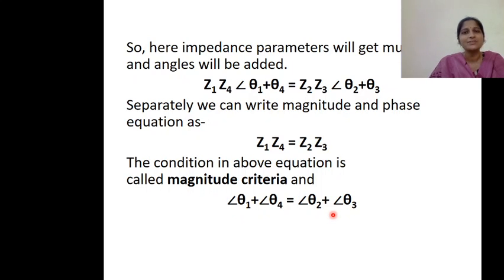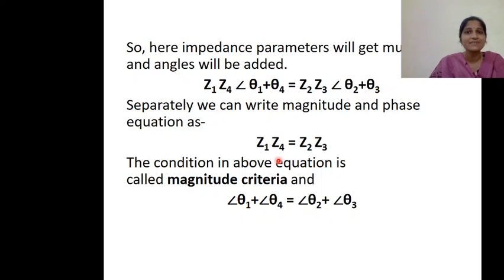For any bridge to be balanced, the magnitude criteria should be satisfied and the phase angle criteria should also be satisfied. When both conditions are satisfied, only then can you say that the bridge is balanced.